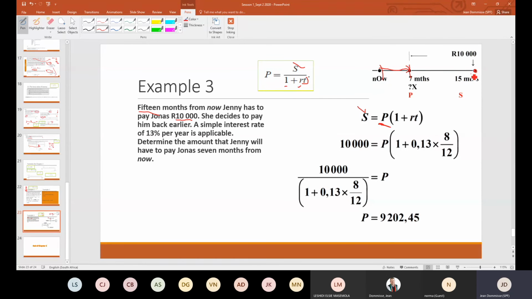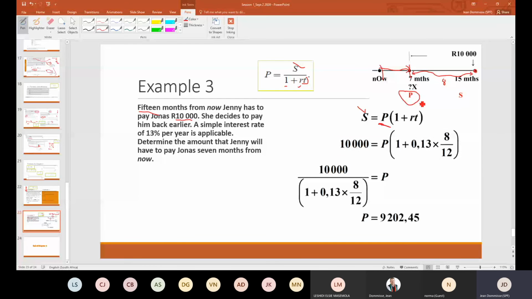So we need to get how many months there are from that 15 months till that 7 months. And that is 8 months, because that is just 15 minus 7. So that is basically your time period that you will use, because you want to work out the P that is sitting here.